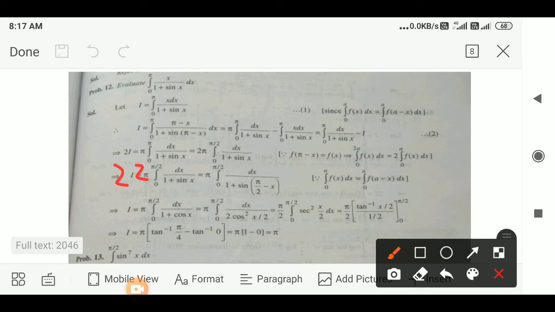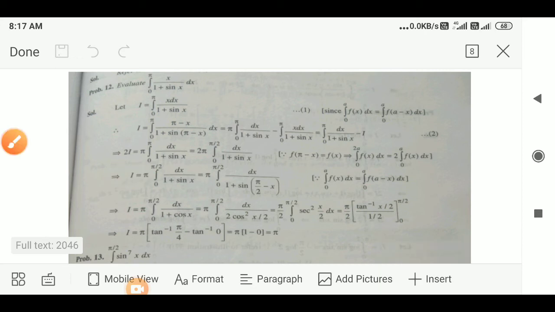So the 2 cancel out, we get again I is equal to pi times integral 0 to pi by 2 of dx upon 1 plus sin x.